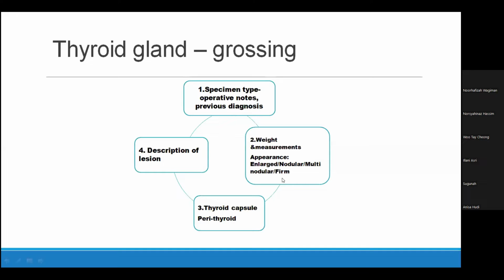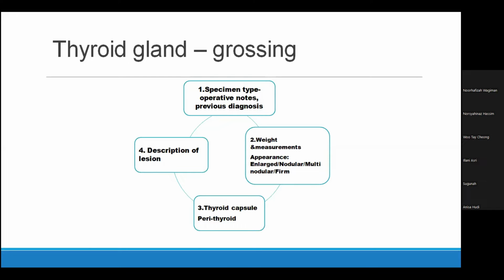Is it enlarged, nodular, multinodular, or firm? This appearance gives you some clue on what disease you are working on. Then you always have to inspect the thyroid capsule, because if it is involved, it will be thickened, rough, or irregular.